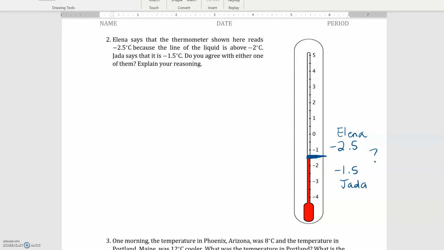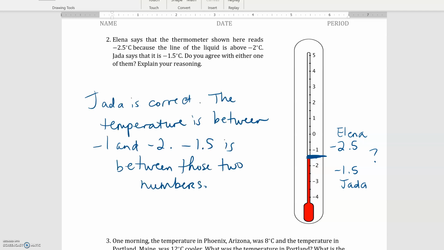So, decide what you think it is, write a response, and then check your work after pausing in the video. Your response should say that Jada is correct. Jada is correct because the temperature is between -1 and -2, and -1 and 5/10 is between those two numbers. Therefore, that is why Jada is correct.